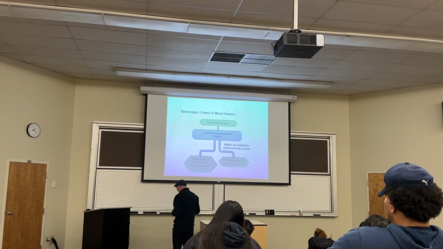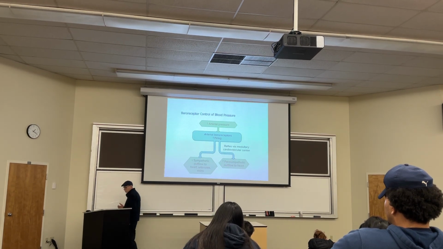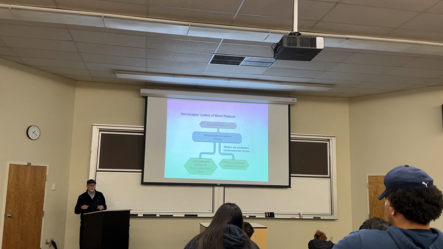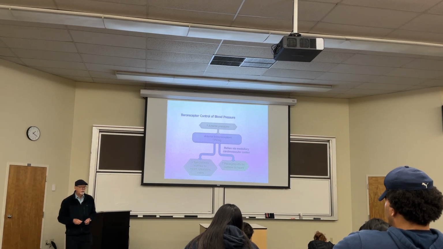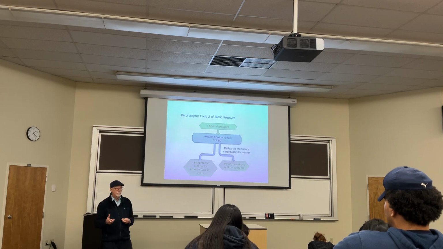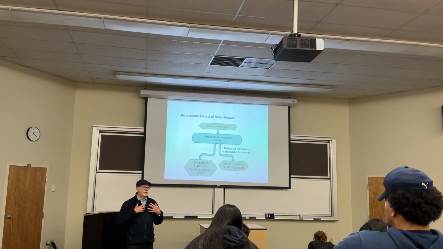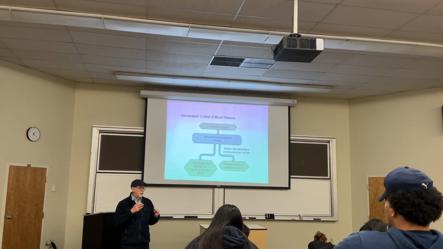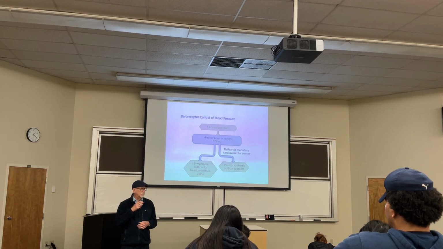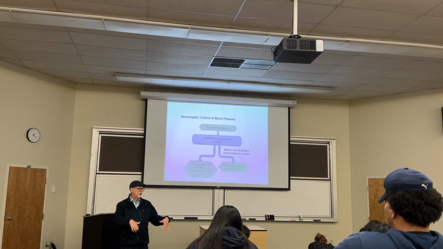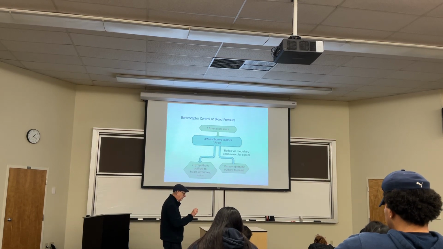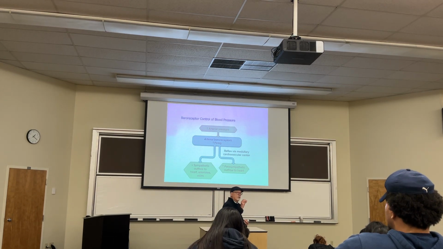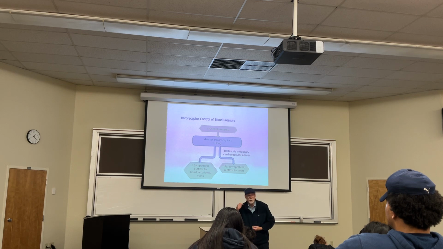And if it's too low, we will generally have sympathetic norepinephrine, epinephrine as a hormone, that will increase our heart rate, increase our blood pressure, and we'll have vasoconstriction, which also increases our blood pressure a bit. This is controlled by our vasomotor center in our medulla oblongata.